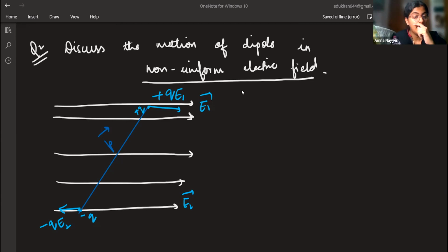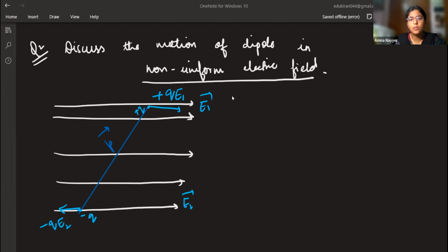When we were solving the previous question, that time your electric field was uniform. So it was E near the vicinity of plus Q, and it was E near the vicinity of the second charge. But this time, since it is non-uniform, at the beginning it must be E1. At the end of it, it must be E2. Something different fields will be there.